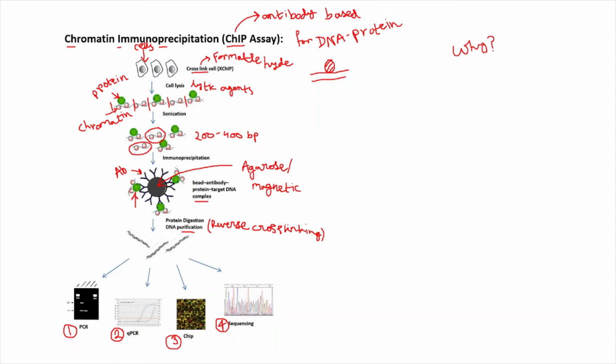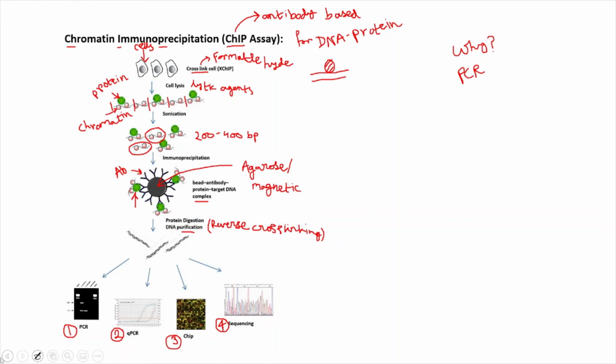We use it mainly to find out the target sequence where a particular protein of interest is binding. By PCR, only those portions of the DNA which bind to the protein of interest will be amplified.